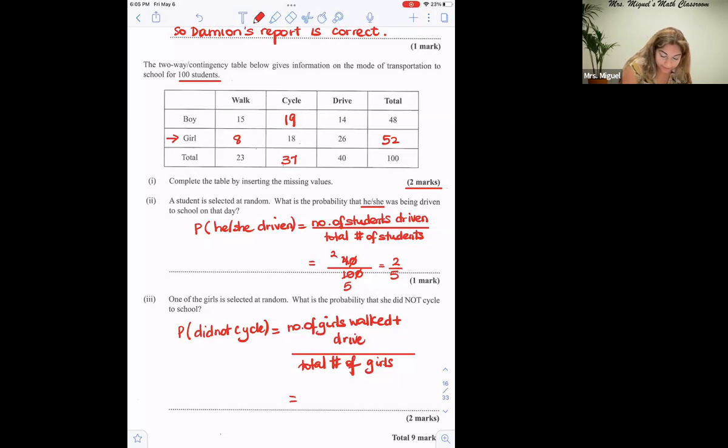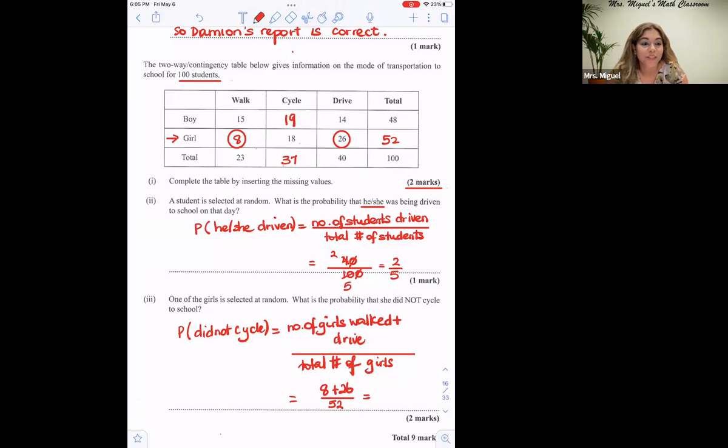So you're adding this figure and you're adding this figure. We're dividing it by the total number of girls. What is the value?